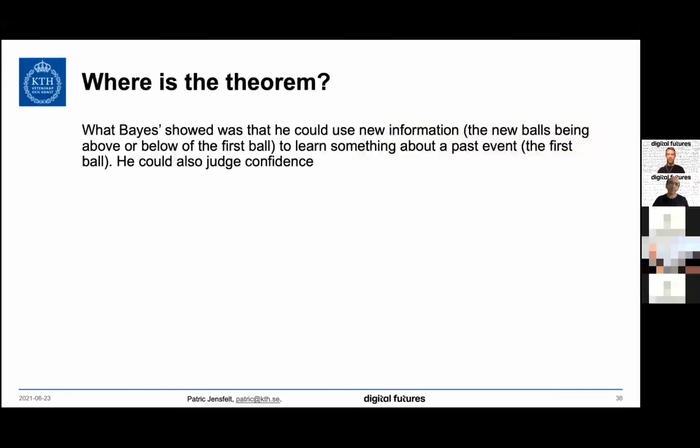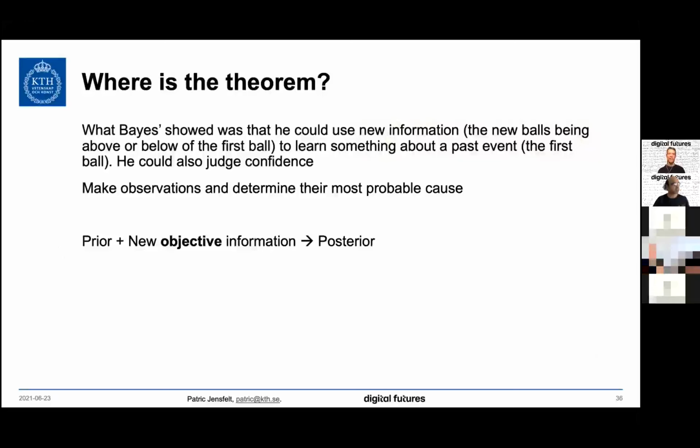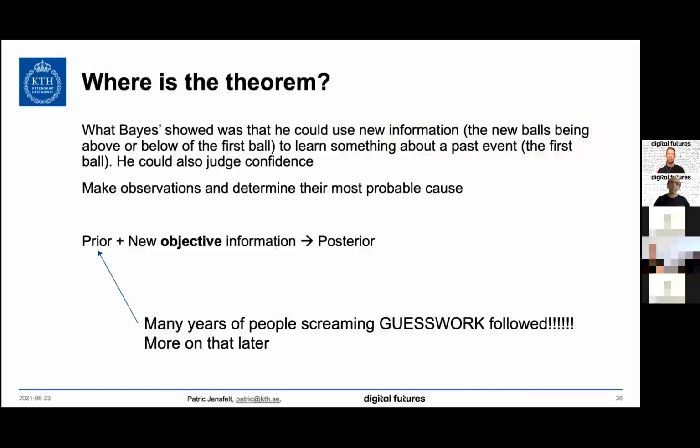But what it does say is that you can make observations and determine the most probable cause for them. In general, we have some prior, we get new information, and we can calculate the posterior. Especially this prior was something that people really hated, and we will come back to that.